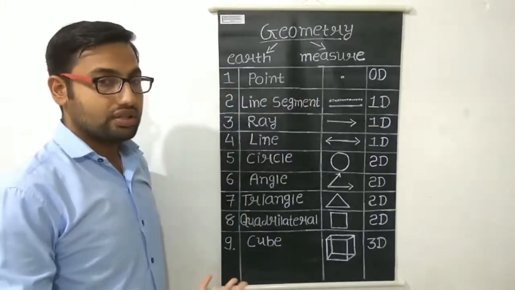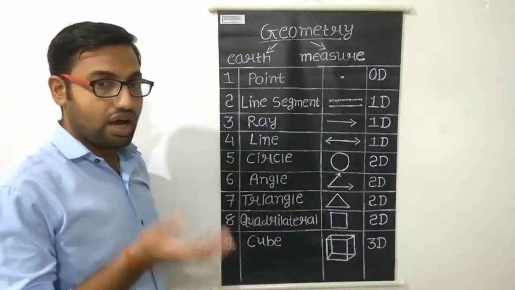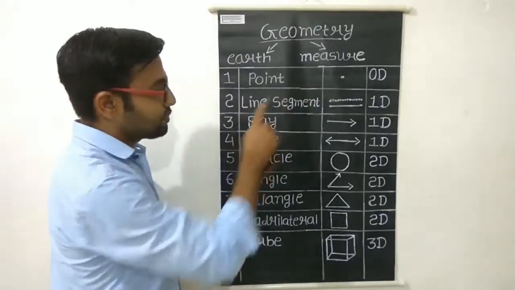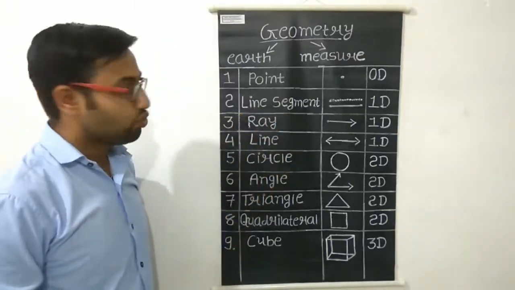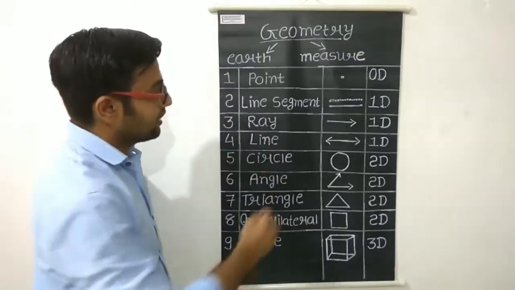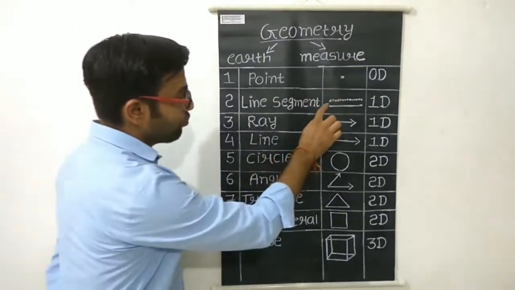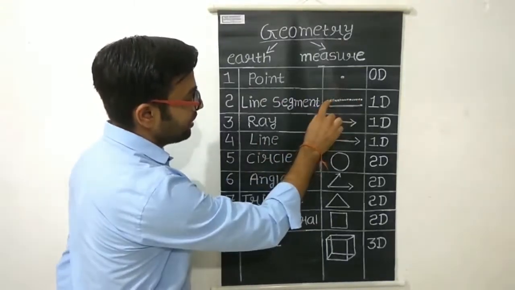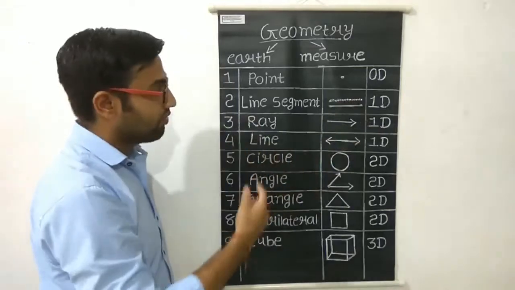So this is the very basic element, point. All the other terminology that we want to study next all depends on this point. Like the second one is a line segment. What do we call a line segment? See, we have a basic element, point. If we put these points together in a straight line, what will happen?